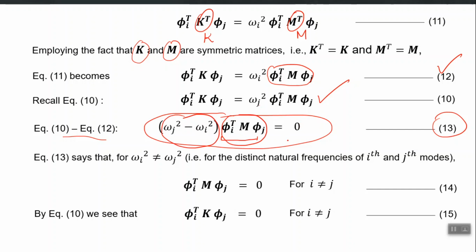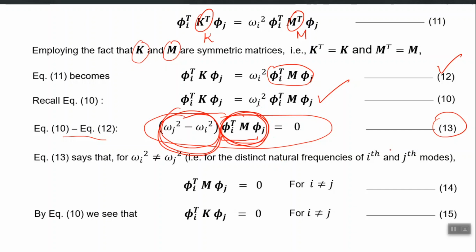So we now know that the ith mode and jth mode are two different modes. Their corresponding frequencies will be different. So their difference may not be 0, which means that whenever i and j are two different modes, this thing will not be 0, which means this product should be 0. This is exactly what the orthogonality property is, that whenever i is not equal to j, this product will always be 0.